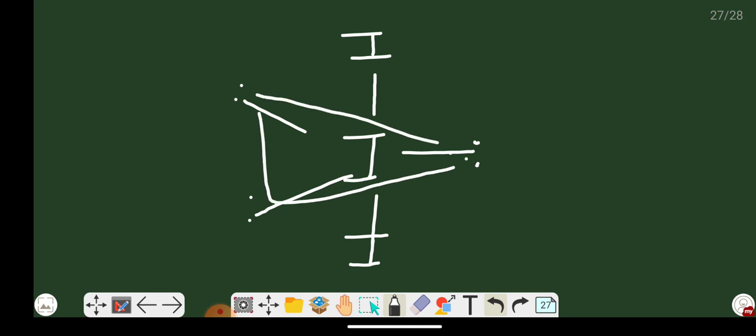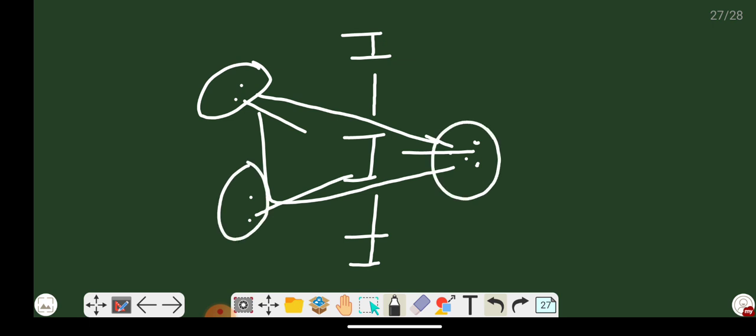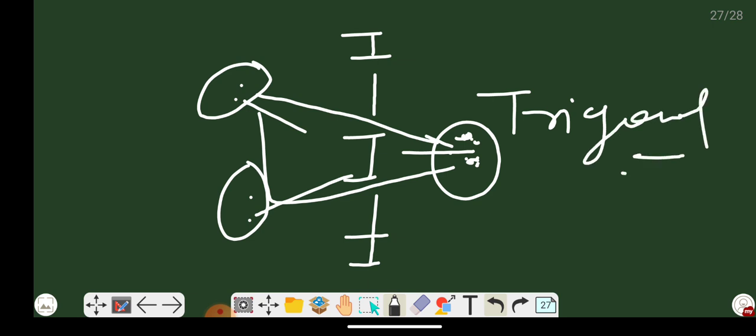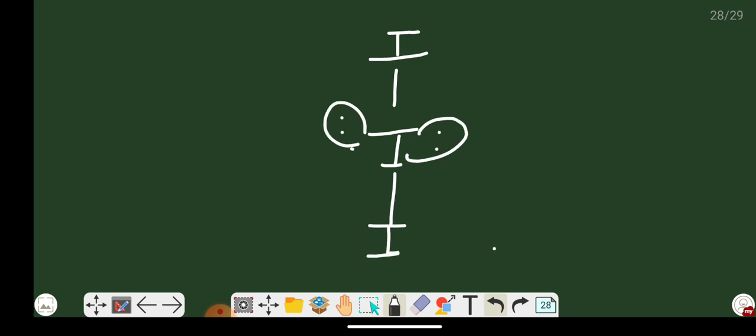So in this way, if all these lone pairs form bonds, then the symmetry of the molecule is trigonal bipyramidal. But as we know, this molecule is linear. This lone pair does not form bonds. So we will erase these bonds and make them lone pairs.